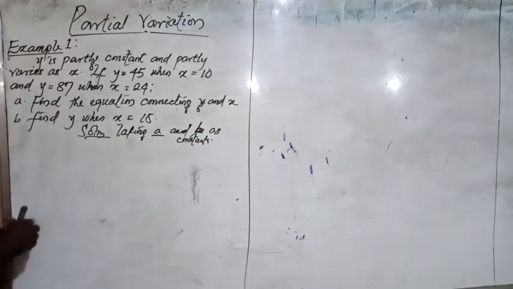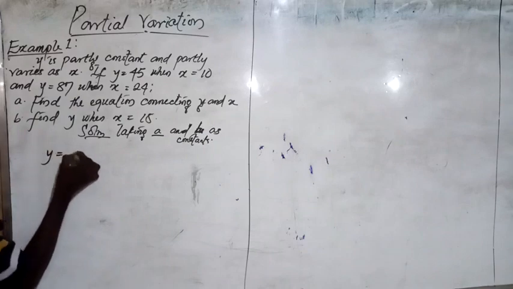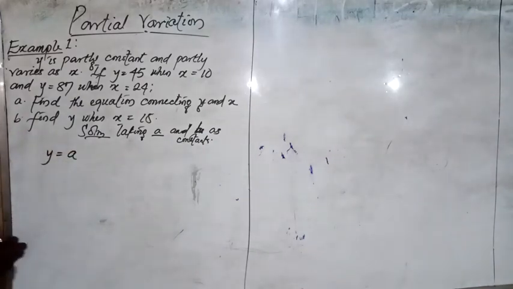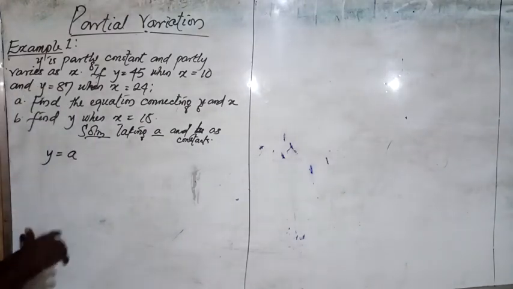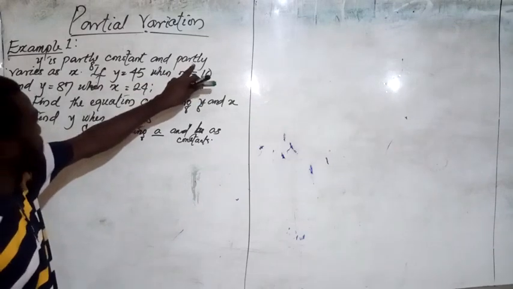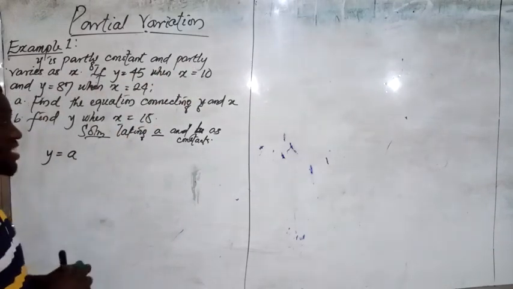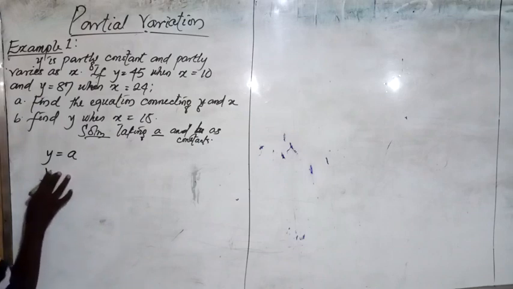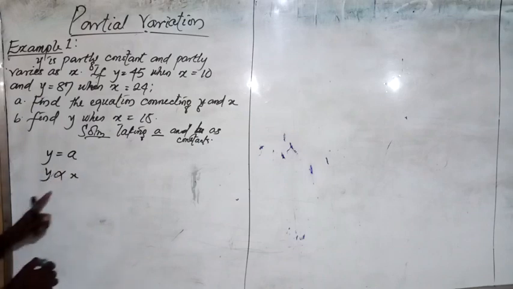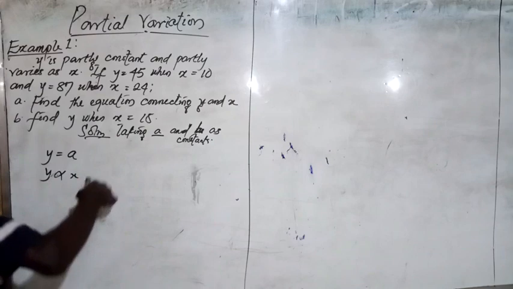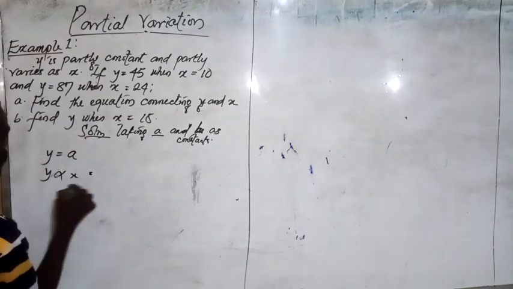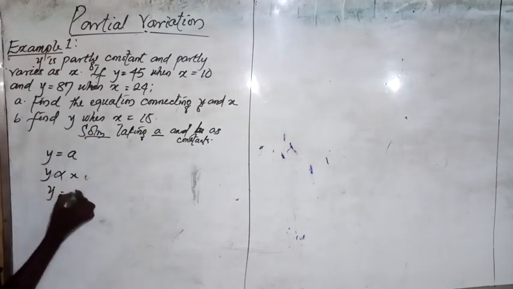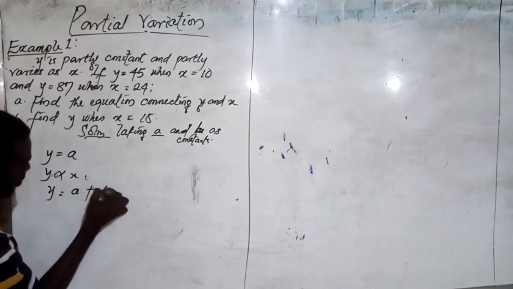It says y is partly constant, so that y will be equal to my first constant a, and partly varies as x. So you don't need to be told it's direct variation. Since it just says partly varies as x, you know that that is direct variation. So you now interpret all of it to be equal to, so therefore y will be equal to a plus bx.